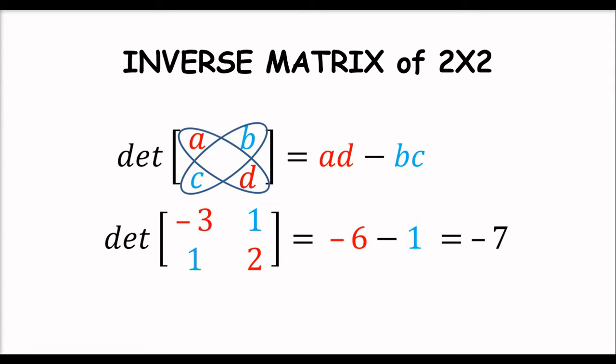To find the determinant, I multiply negative 3 and 2, and I get negative 6, minus 1 times 1, which is 1. Negative 6 minus 1, I get negative 7. Negative 7 is the determinant of the 2 by 2 matrix.